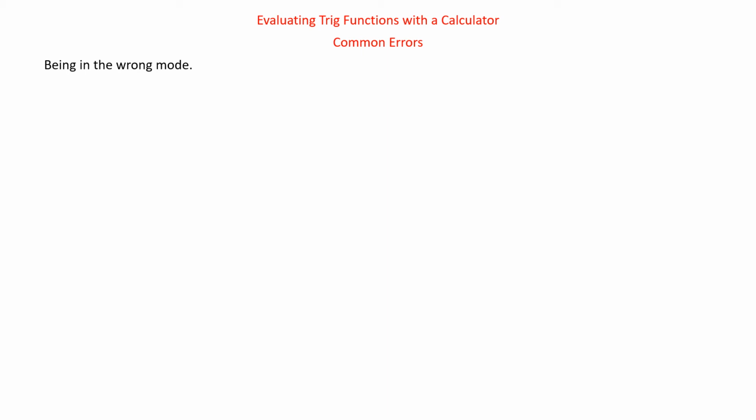Sometimes there's a second button, like if you're using a scientific calculator, to change it from degrees to radians. Degrees is usually abbreviated DEG, where radians is RAD. You might have a GRA as well. That's a gradient. That's something completely different. But you need to make sure it's in the correct mode.